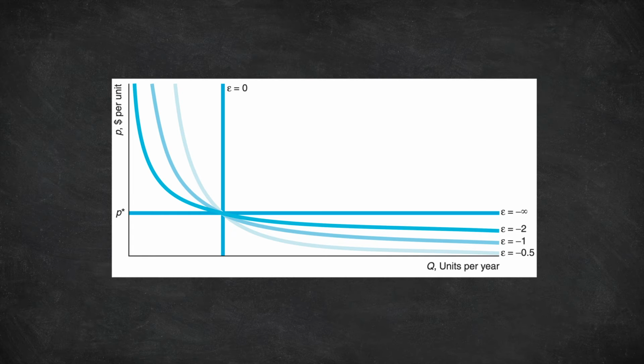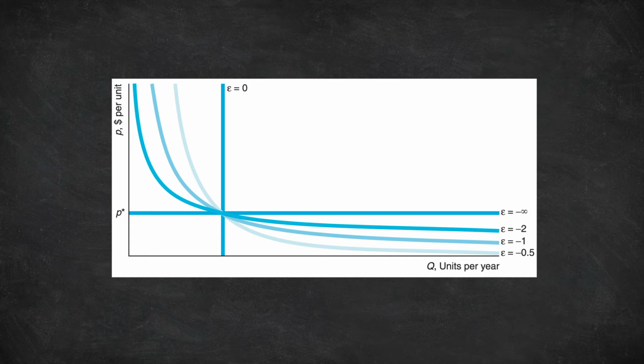In that case, demand never changes as the price changes. And the perfectly elastic case, epsilon equal to minus infinity, is where inverse demand is perfectly horizontal. So in that case, if price changes even slightly, you stop buying the good altogether.